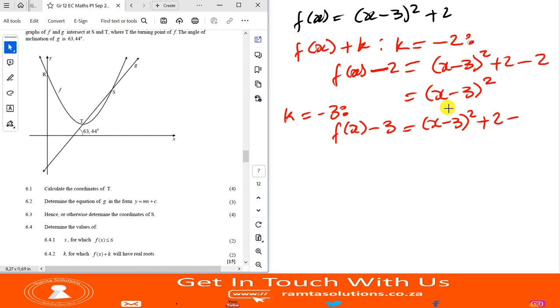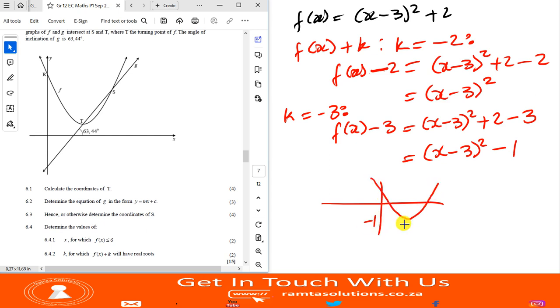So what do we get? We get (x − 3)² − 1. This means your function has shifted 1 unit down, so the turning point is at (3, −1).